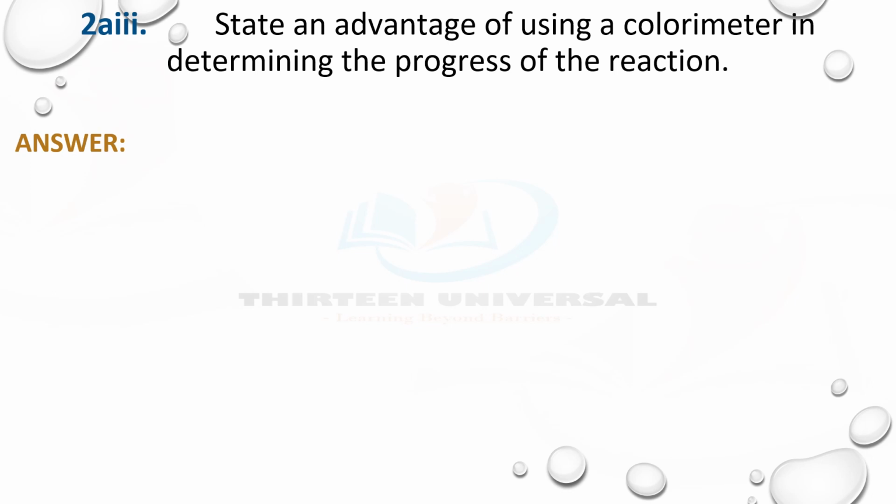Just get the absorbance, trace it on the curve, and it gives you the concentration. So if you plot the curve against concentration, after plotting it against time, you get the concentration and absorbance.